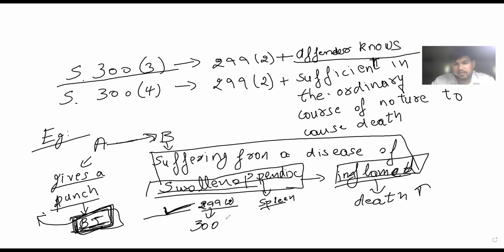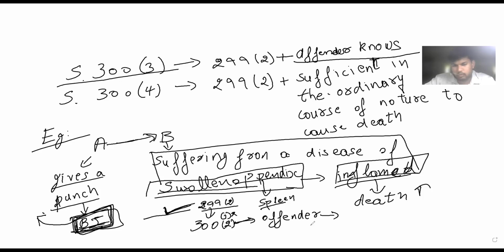Since it is bodily injury, the first part will not be examined. Secondly says the offender knows or had knowledge that the harm is likely to cause the death of the victim.